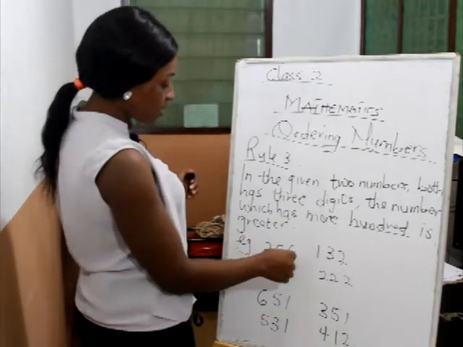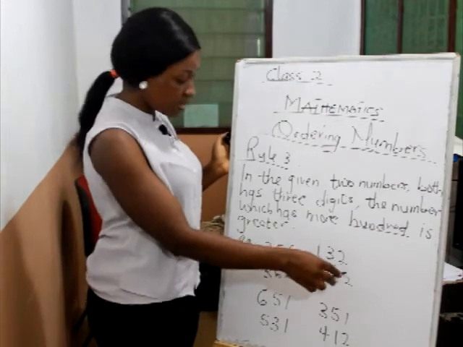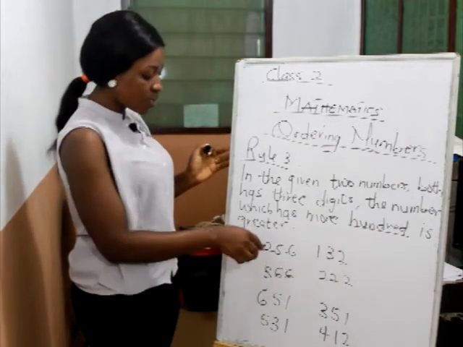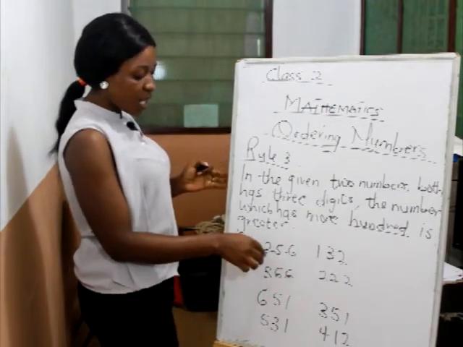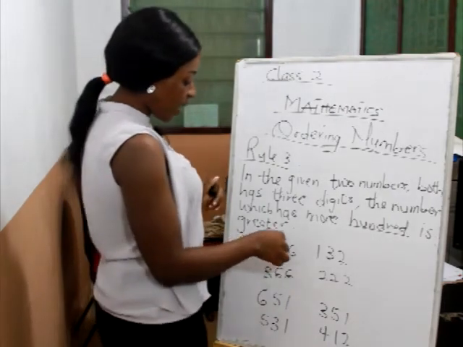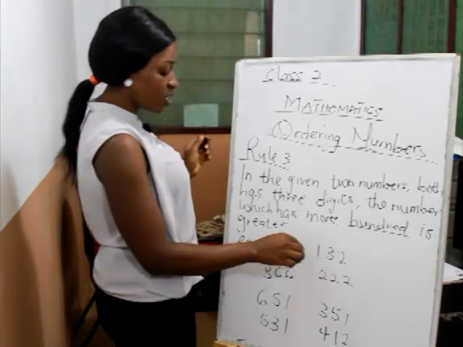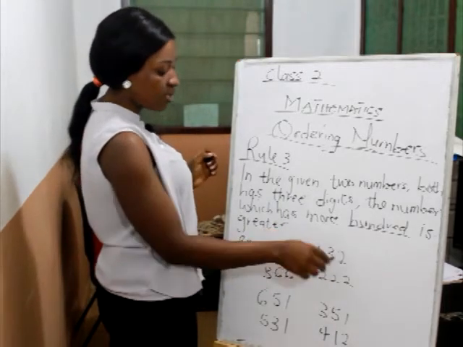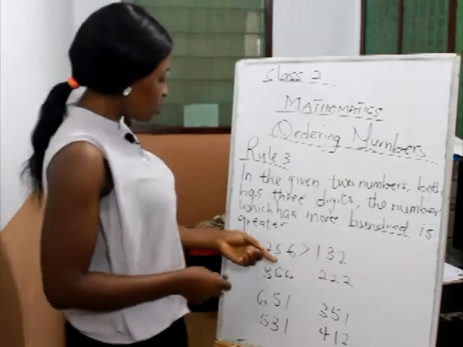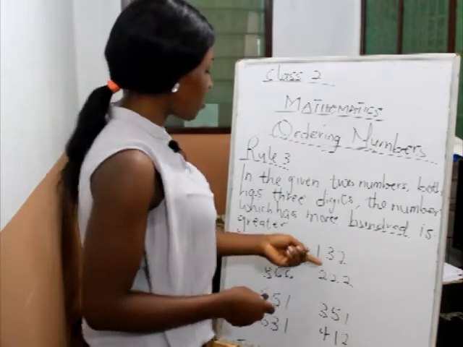So 256 is greater than 132 because the first one has 2 hundreds and the second one has only 100. So it's making the first one greater than the second one, which is 256 is greater than 132.